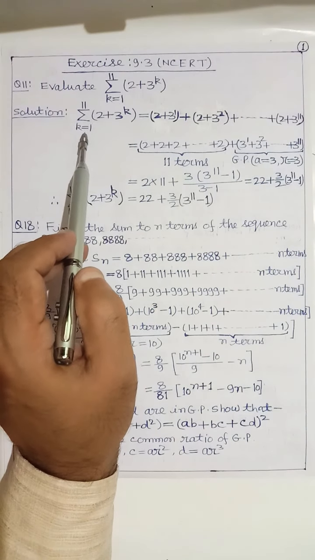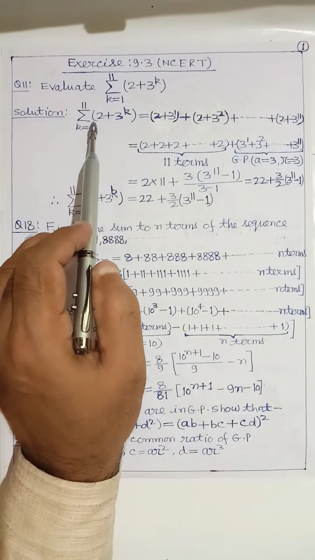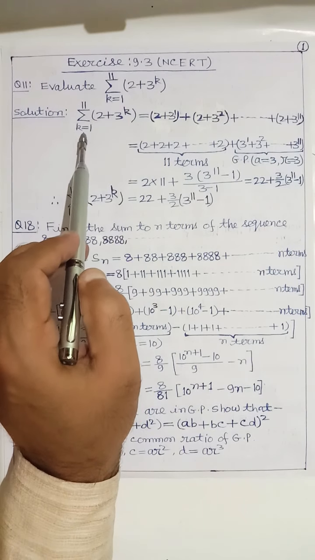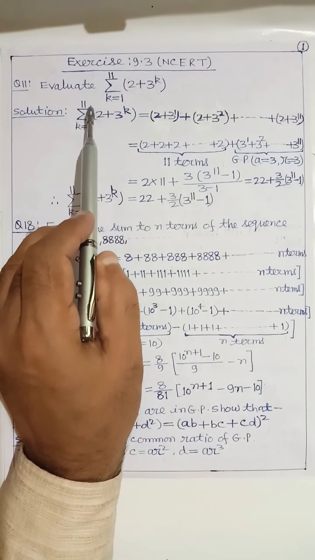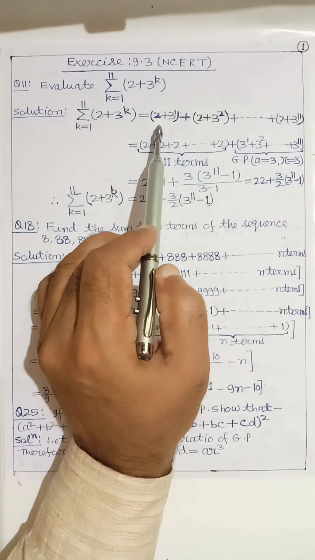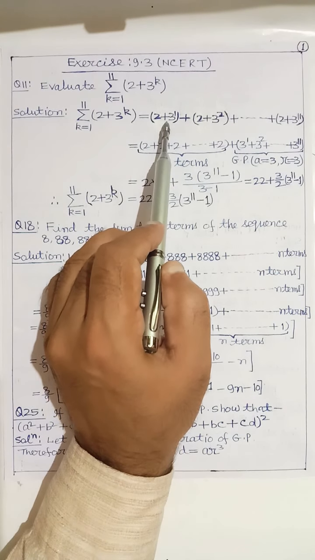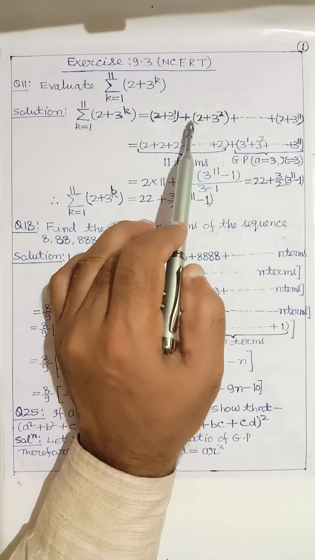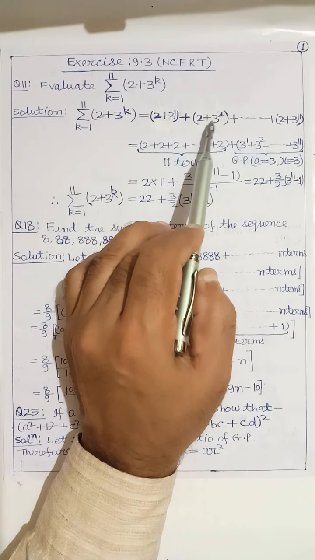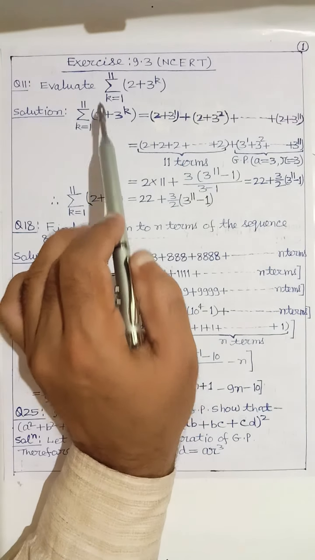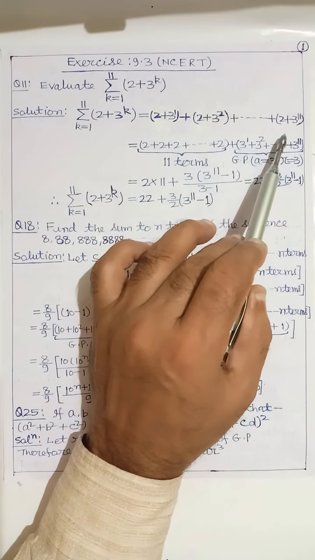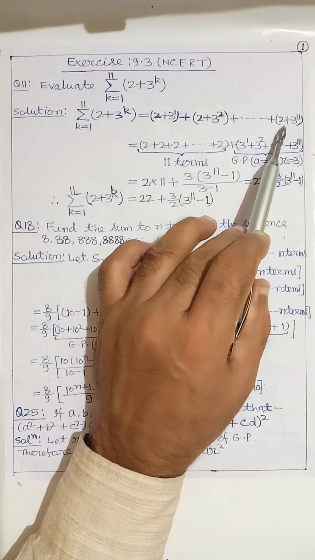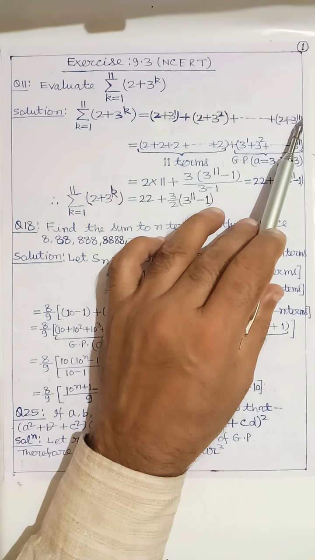To find the solution, we have summation of 2 plus 3 to the power k, where k varies from 1 to 11. This can be written as 2 plus 3 to the power 1 when k is equal to 1, plus 2 plus 3 to the power 2 where k is equal to 2, and so on, up to 2 plus 3 to the power 11.